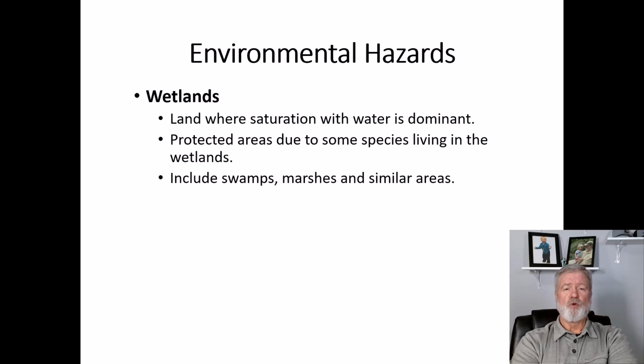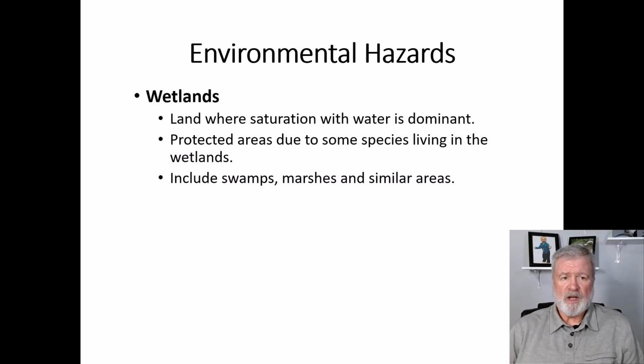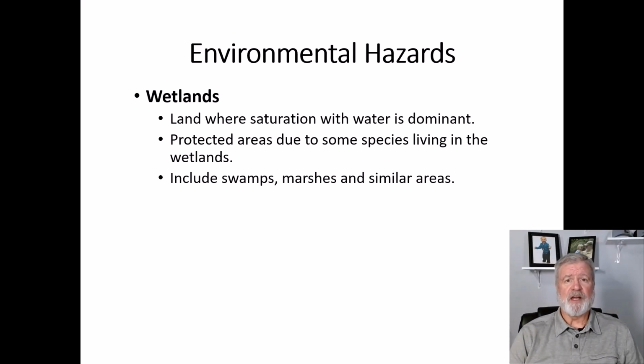So, could you actually own land that has a wetlands, environmentally protected area on your property? Yes, you can. A lot of people do. Well, what can you do with it? Look at it. That's about it.